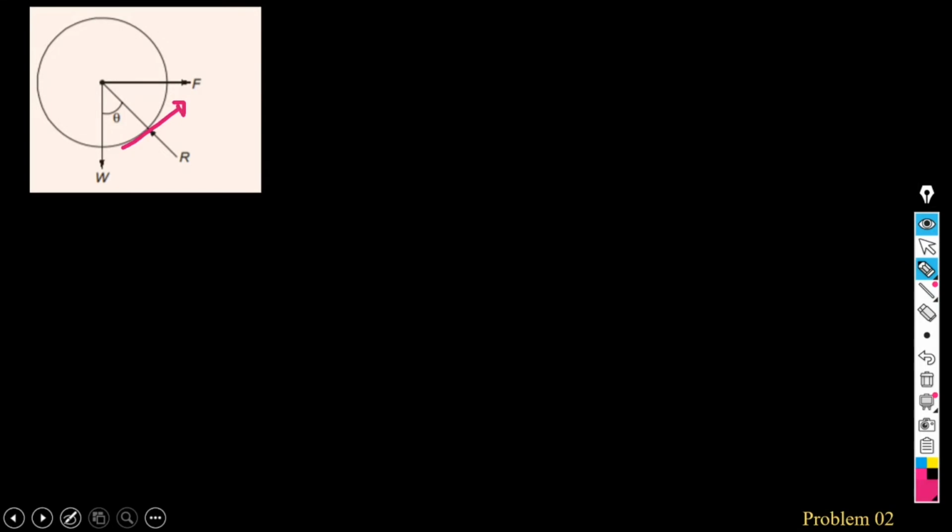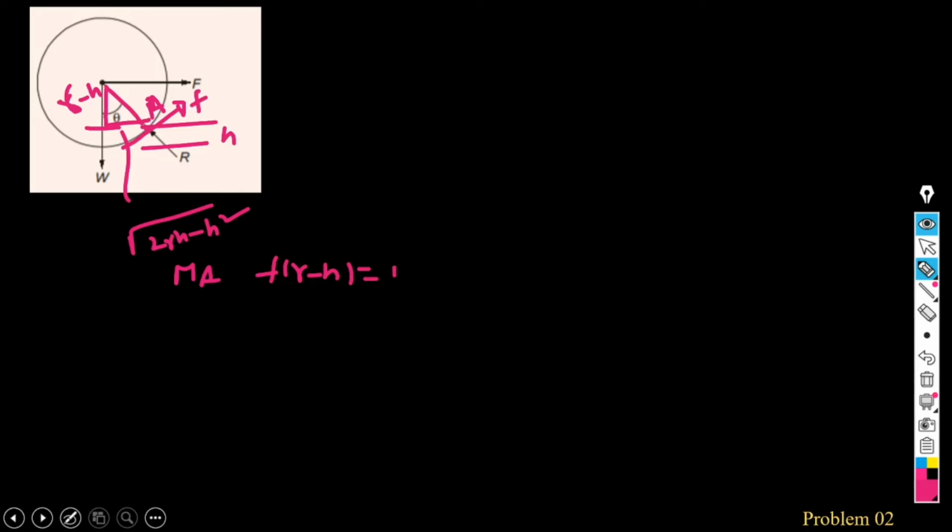Let this point be A. This is height H, and this is R minus H, and this is a right angle triangle, and this length is equal to square root of 2RH minus H square. Let me take moment about A, then F into R minus H is equal to W into square root of 2RH minus H square.